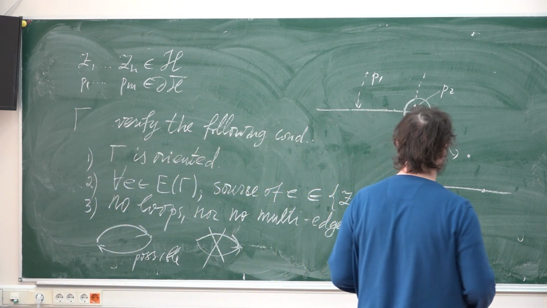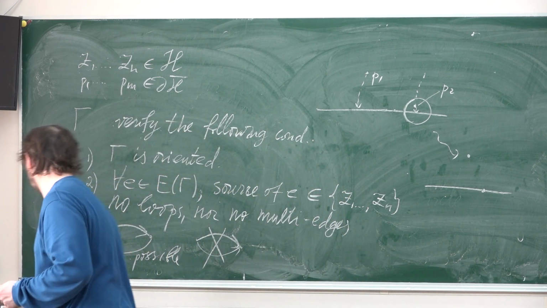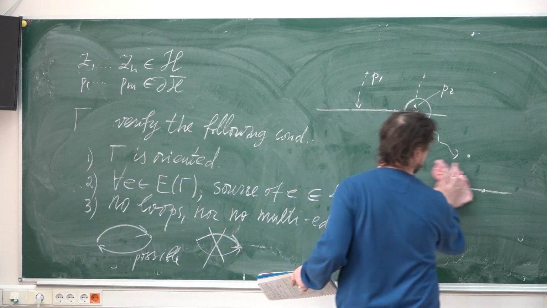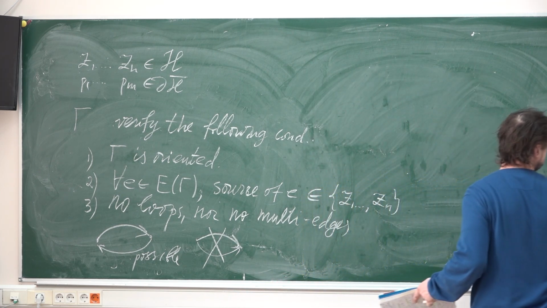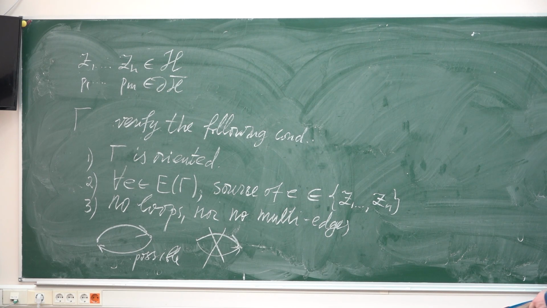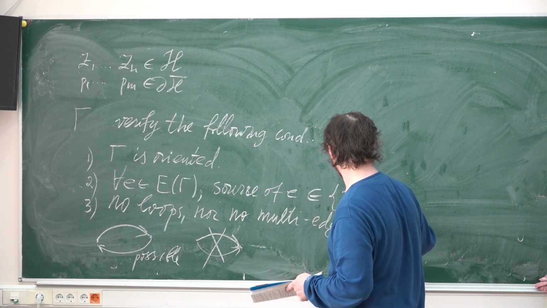So let me choose such a graph, and I order its edges. For instance, I fix an order of these edges. I can do this by ordering them in lexicographic order.